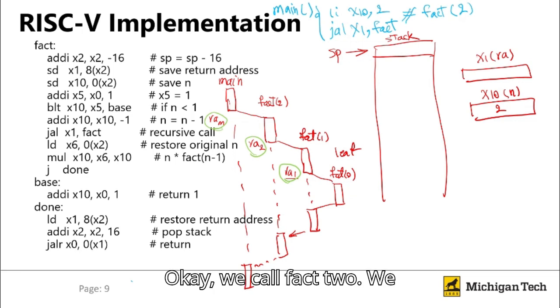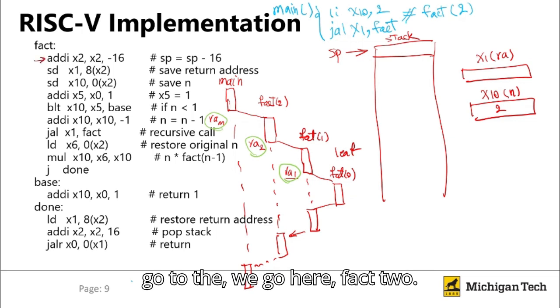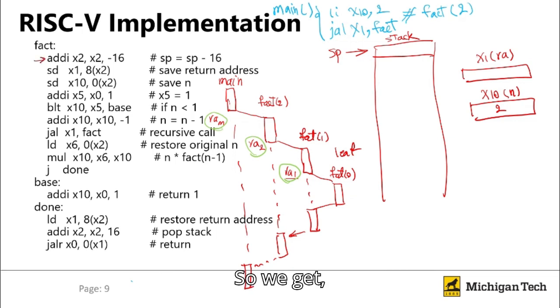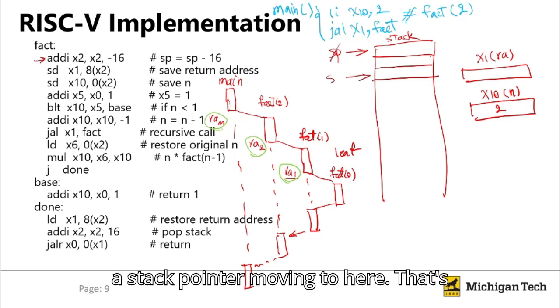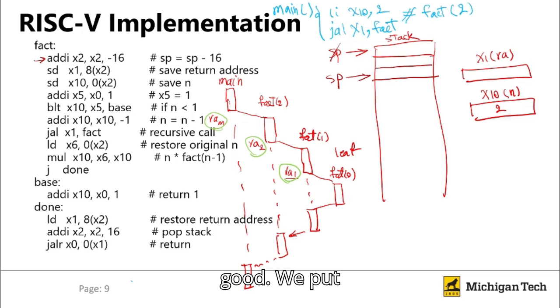Okay, we call fac2. We go here, fac2. So we allocate, the stack pointer moves to here. That's good. We put n, that is x10, inside here.